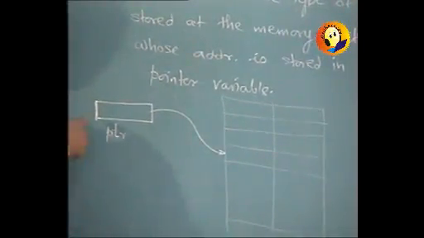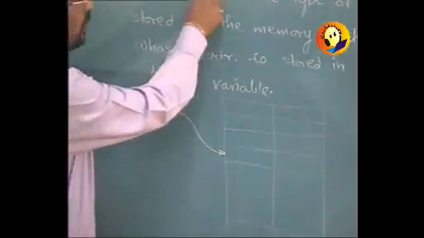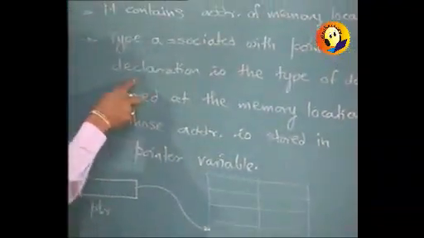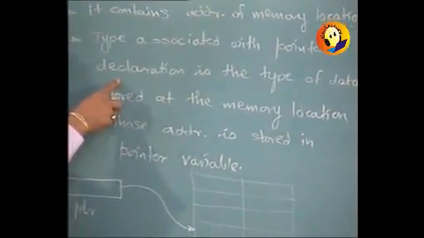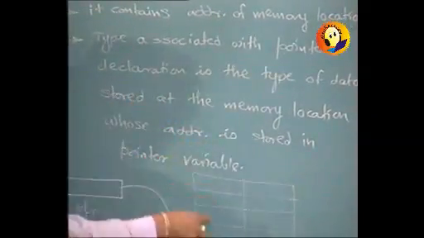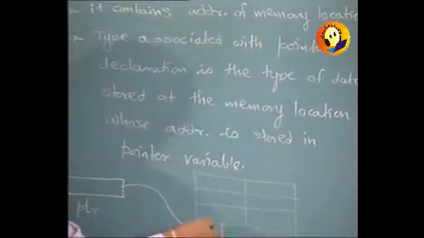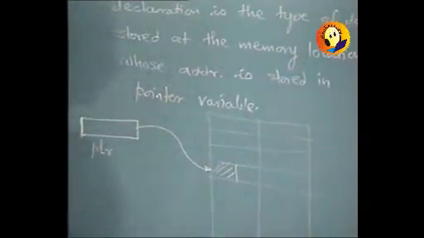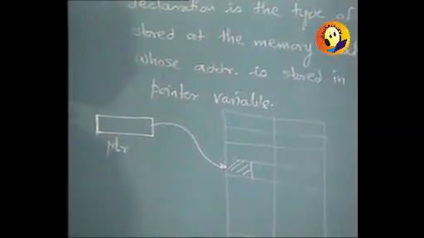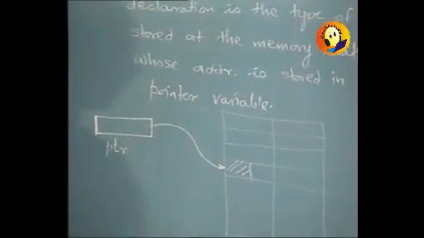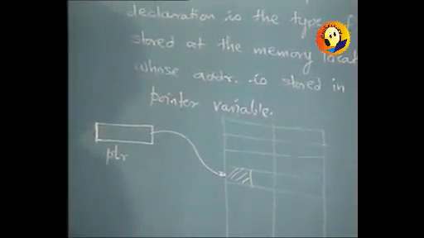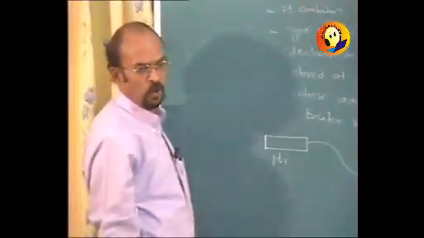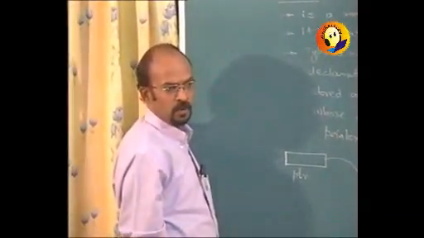Now the type that is associated with the pointer declaration, when you declare the pointer, is not the type of that pointer, but it is the type of the data which you will find at this memory location. So we will not be asking a question whether a pointer which is declared for integer, what size it will have, and a pointer that is declared for float, what size it will be having.